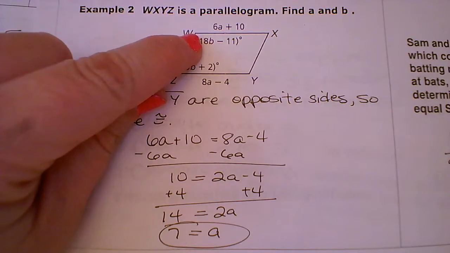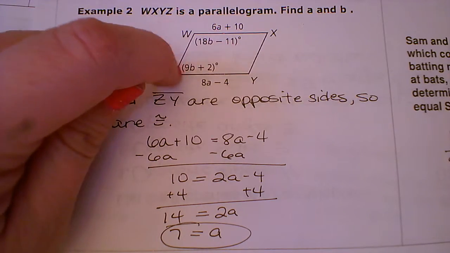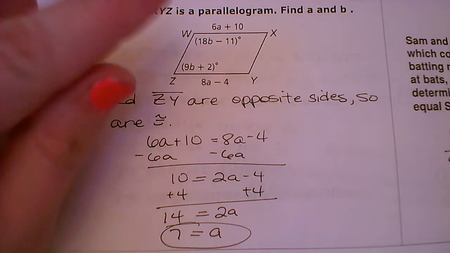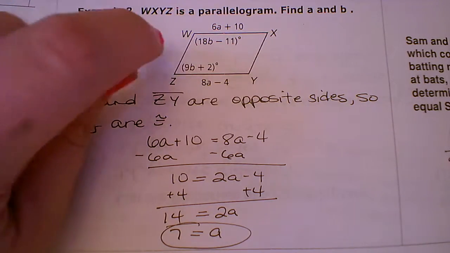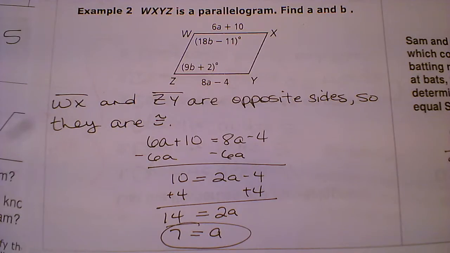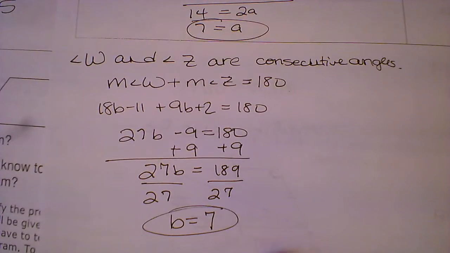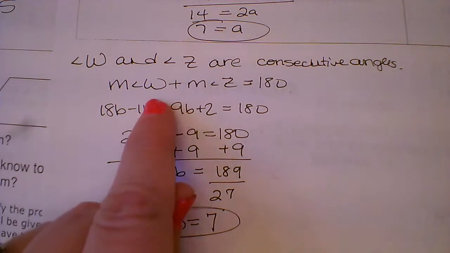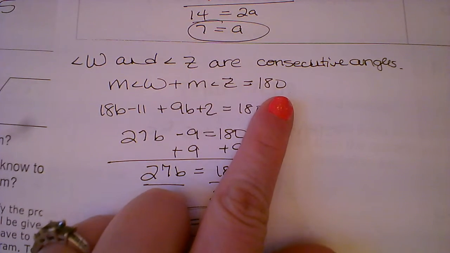Now, we need to solve for B as well. The expressions that have B in them are representing angles here, and angle W and angle Z are consecutive angles. And we know the property of parallelograms says that consecutive angles are going to be supplementary. So we have the measure of angle W plus the measure of angle Z equals 180.